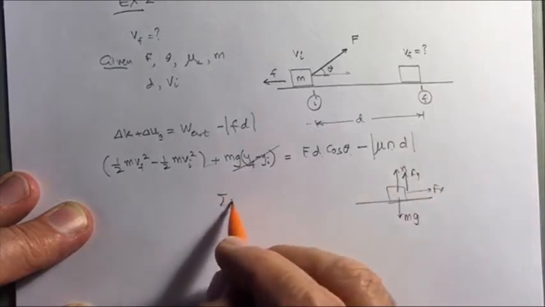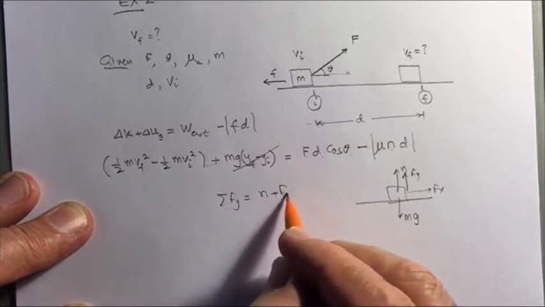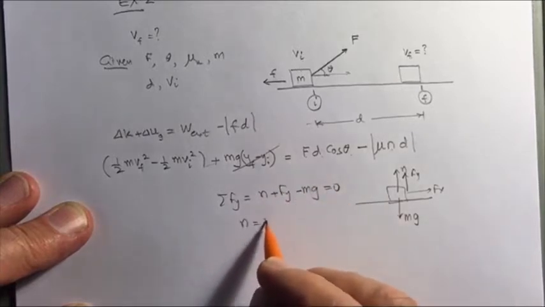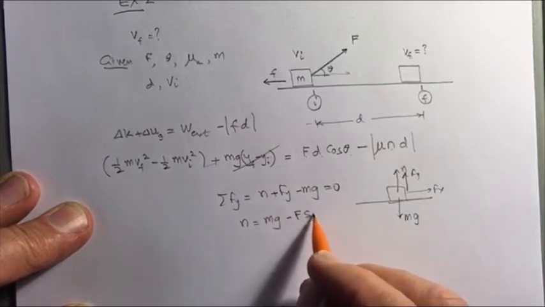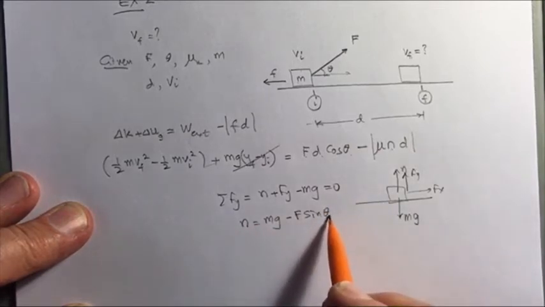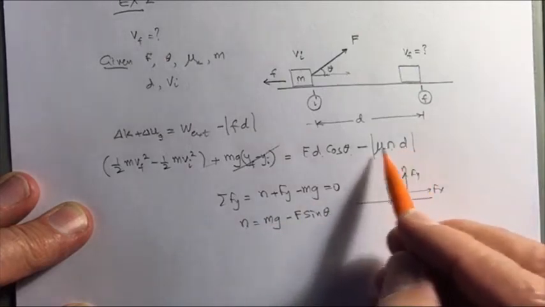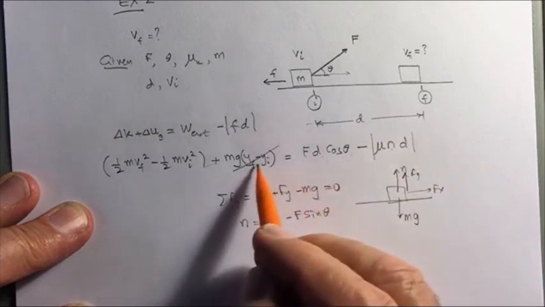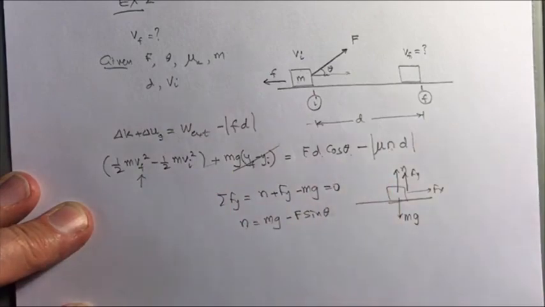So the sum of forces in the y direction equals the normal plus Fy minus mg is 0, so the normal is going to be mg minus Fy, which is F sine theta. So knowing theta, F, m, and g, we get the normal force. Plug the normal force in here, and the d and the mu, all of these are known, so we have everything known except v final, and it can be solved.